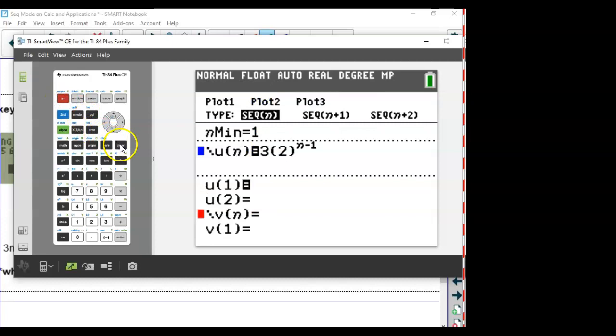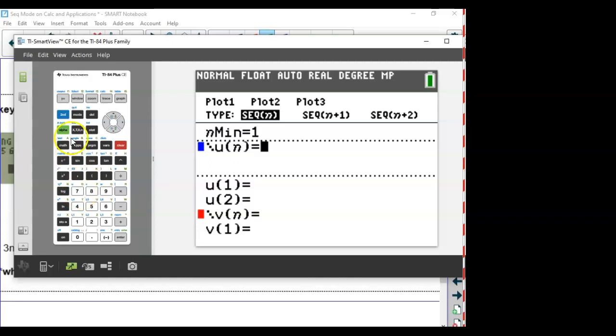But the recursive is a little trickier. If I wanted to say, I want to put in the previous term times 2, we'll say. Do you see the U above the 7 on your calculator? The U above the 7.